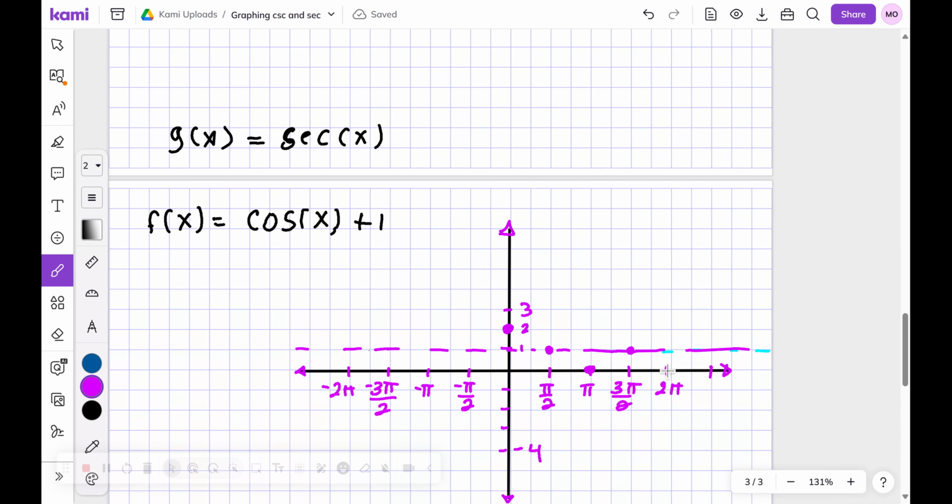This will be here, and this will be here at 2 pi. So this is your cosine shifted 1 unit up. And then don't forget that cosine is reflected across the y-axis. So that's it.